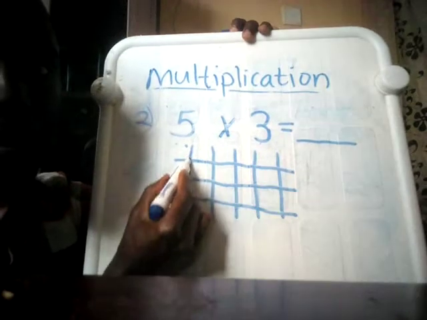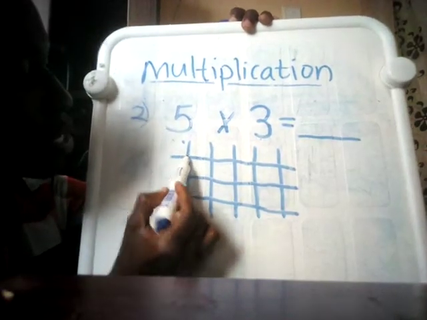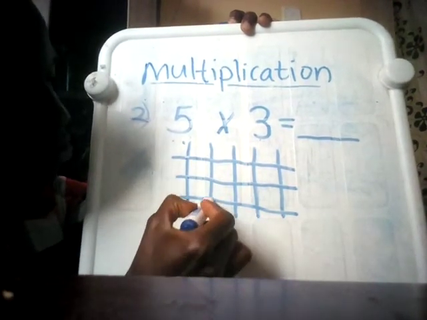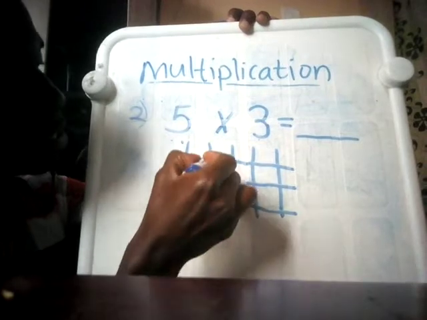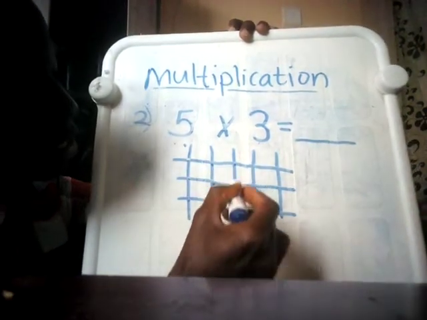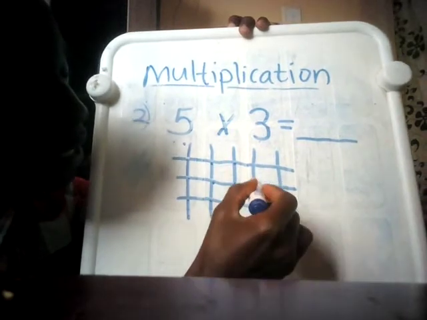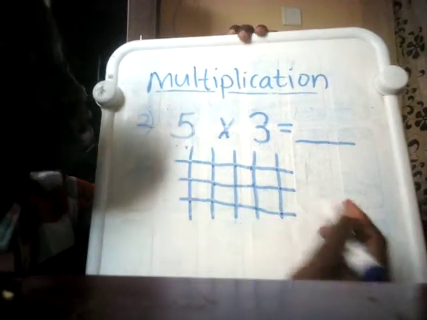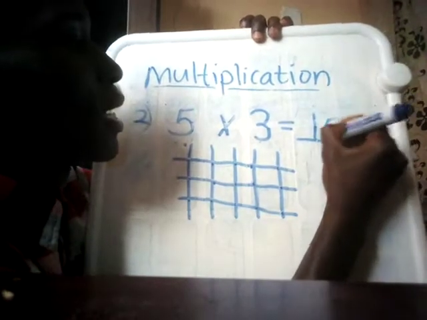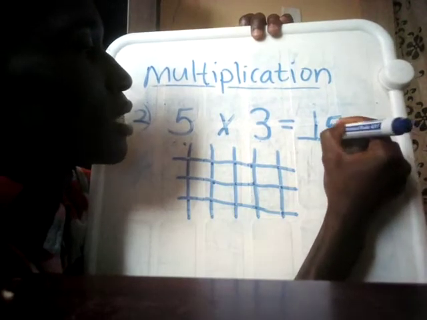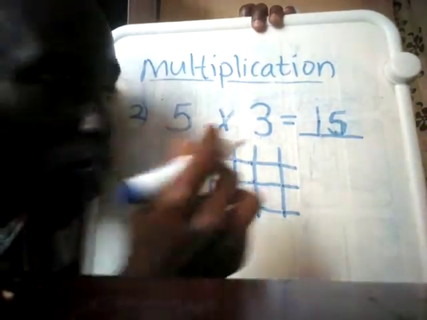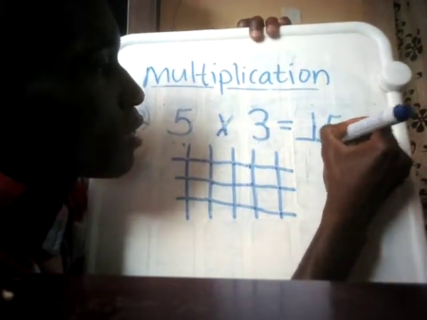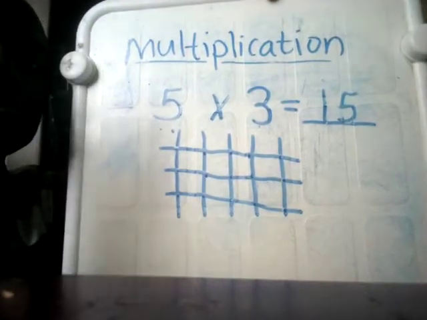Number 1, the first one is here. 1, 2, 3, 4, 5, 6, 7, 8, 9, 10, 11, 12, 13, 14, 15. So 15 is my answer, and I write it up there nicely as 15. So count yours. If you got yours also to be 15, that means we counted well.